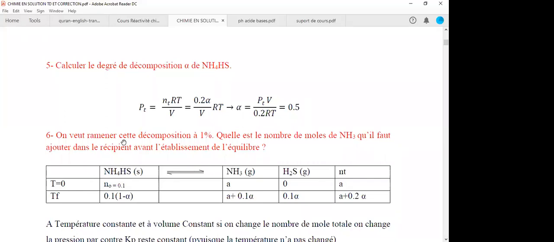So here our alpha has been found to be 0.5. This is 50%. The decomposition was 50%. Now in this case they've said that we want to have a decomposition of 1%.